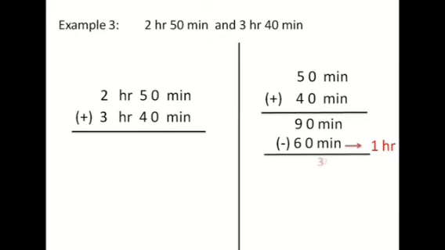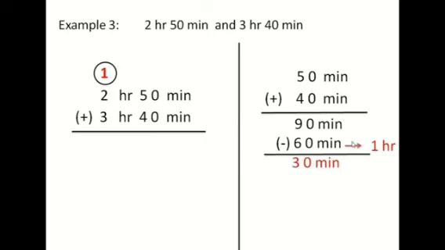So here, after the subtraction, you are getting 30 minutes. Now these 60 minutes, which means 1 hour, will be carried over here. So what have we done? We have added the minutes. We got 90 minutes. As it is more than 60, I have subtracted 60 minutes from that, and I got the difference of 30 minutes.